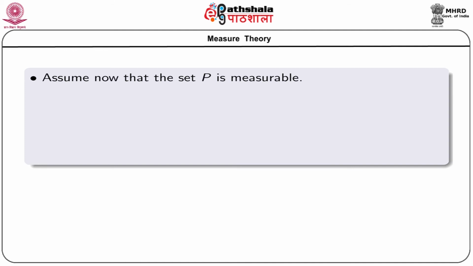Now, on the contrary, assume that the set capital P is measurable. Now, see, we have already shown that if P is measurable, then all its translates modulo 1 are also measurable, and [0,1) is the union of all these Pi, which are again pairwise disjoint.